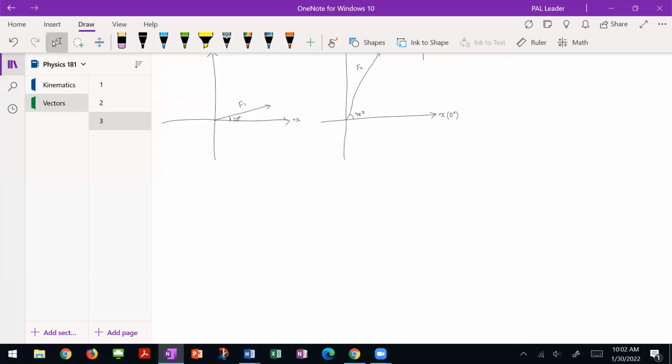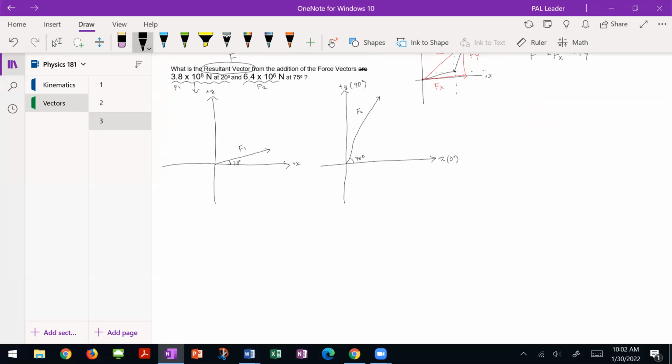That will just be the sum of our x component forces, right? I'm going to write that here. Fx is going to be the addition of F1x and F2x.